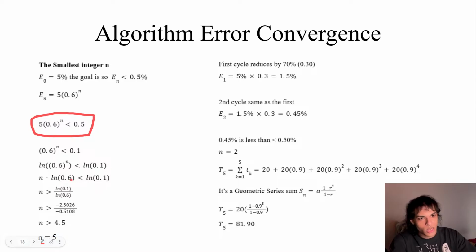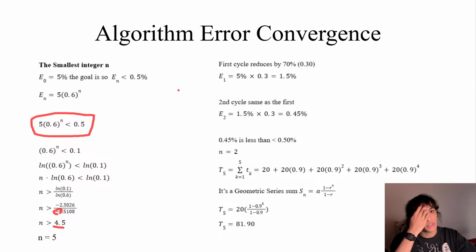After taking the logarithm of both sides, we found that they're both negative, so taking this to the other side will flip the inequality sign. We flipped the inequality, and we got a number of 4.5, right?